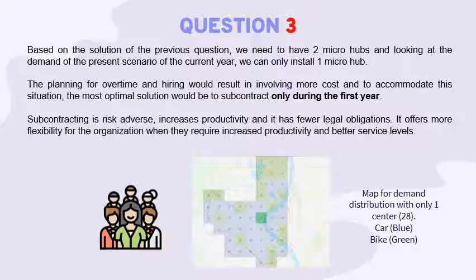We ran our solver using both car and bikes because it was shown that this option reduced the total cost for our model. After doing some research of our own in order to know which could be a more feasible and convenient solution for the missing demand to be fulfilled, we decided that subcontracting during only the first year will be the best scenario for us.